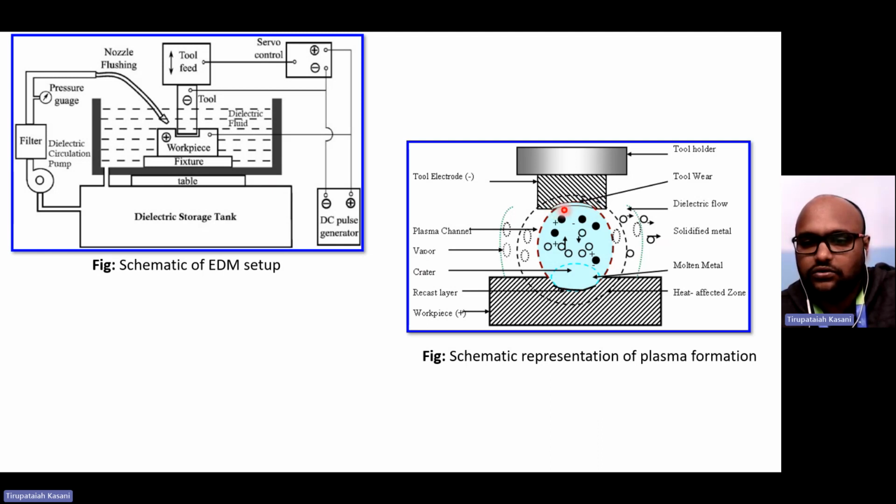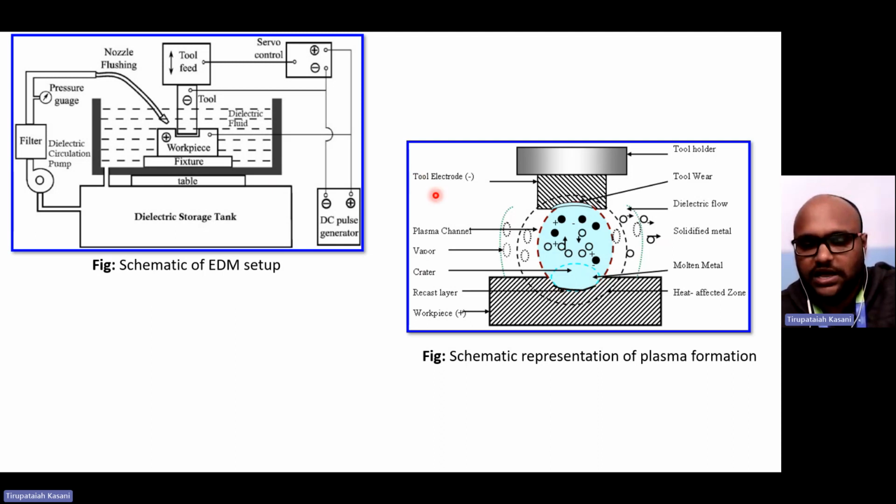See here, due to this the tool wear occurs, about 5 to 10 percent melted here, and 80 to 90 percent here, means most of the spark energy is used by the workpiece, so more material is melted from the workpiece.